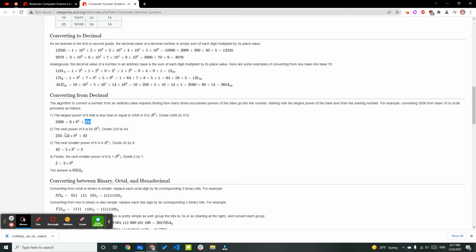The next power of 8 is 64, which is 8 to the power 2, and you divide by 64, which gives you 3. The next power is 8, and you divide by 8, and then for 1, you get 2. You put them all together, and the answer is 6352 in octal.